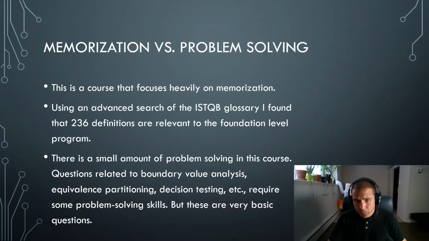There is some problem solving in this course, so you'll do some questions related to boundary value analysis, equivalence partitioning, decision testing, and there's a few other different types of problems, but I would say that they are basic problem solving exercises. They aren't super difficult, but I found that memorizing all the terms and definitions, and there were a lot of terms and definitions that I needed to learn, that was where a lot of the work was for me anyways.